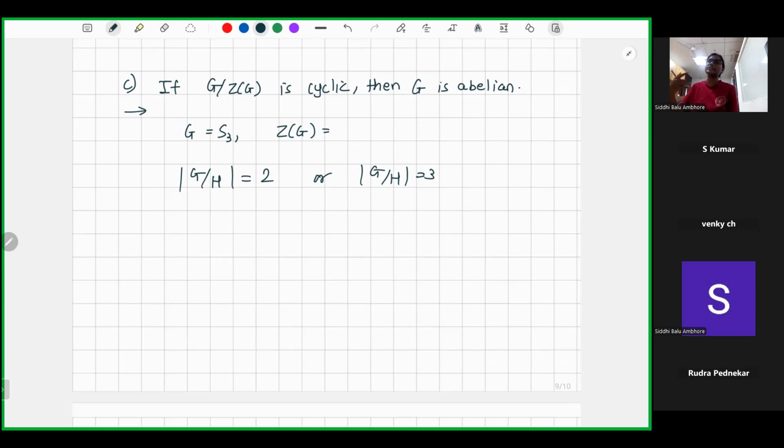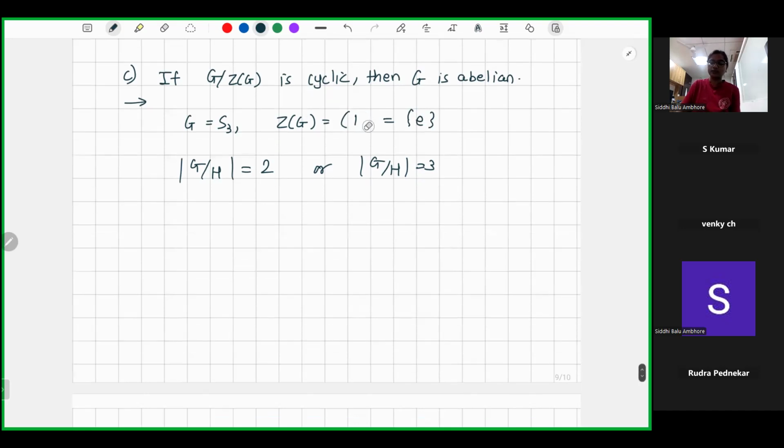But here I need G by ZG to be cyclic. ZG in S3 is only the identity permutation, this E, if you want to write it like this. So in that case, G mod ZG is again G itself, and it is not cyclic first of all.